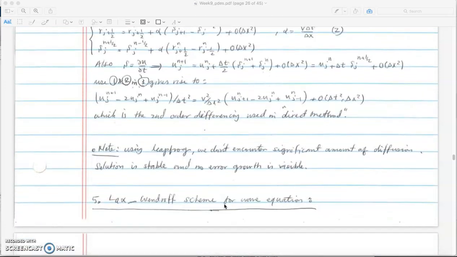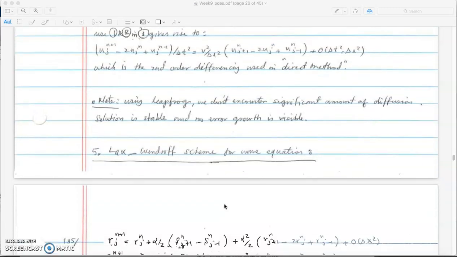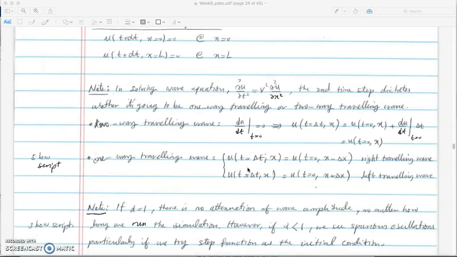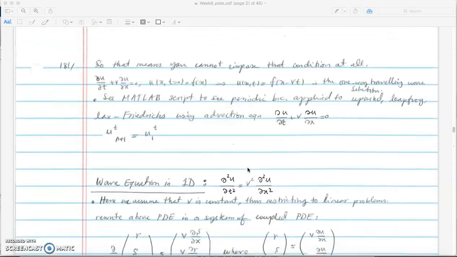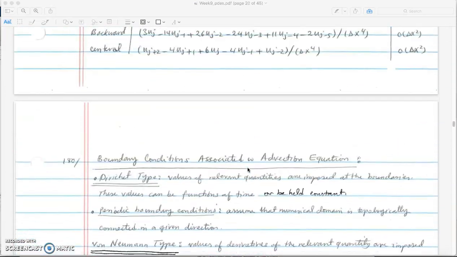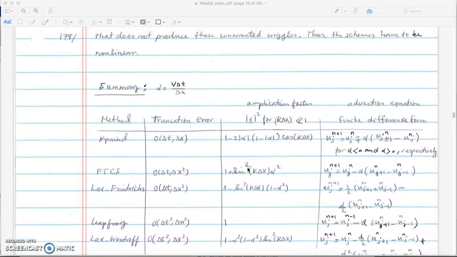All right, so the last thing I want to quickly go over is the Lax-Wendroff version of the discretization of the wave equation. To remind you, to get the Lax-Wendroff, we can go to page 178, which I tabulated different schemes that we learned so far. So I'm going to go quickly to that page one more time. Here is page 178.